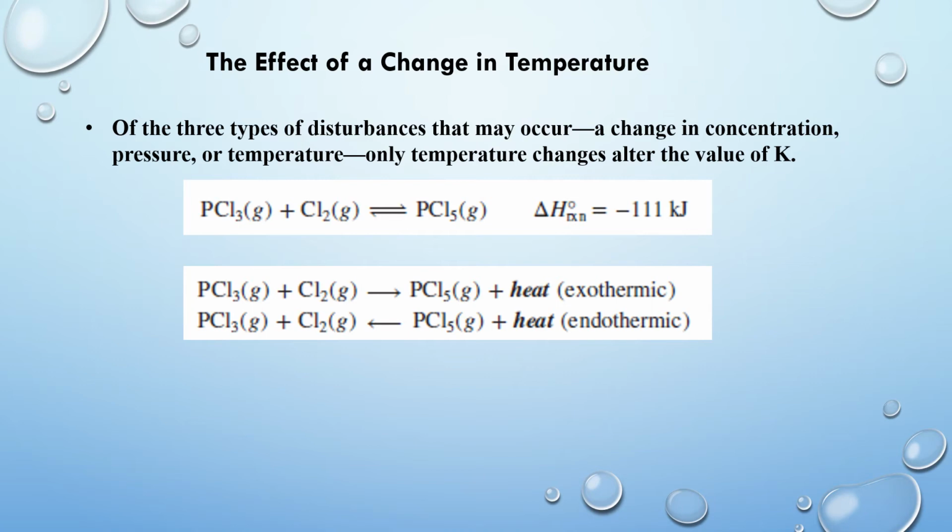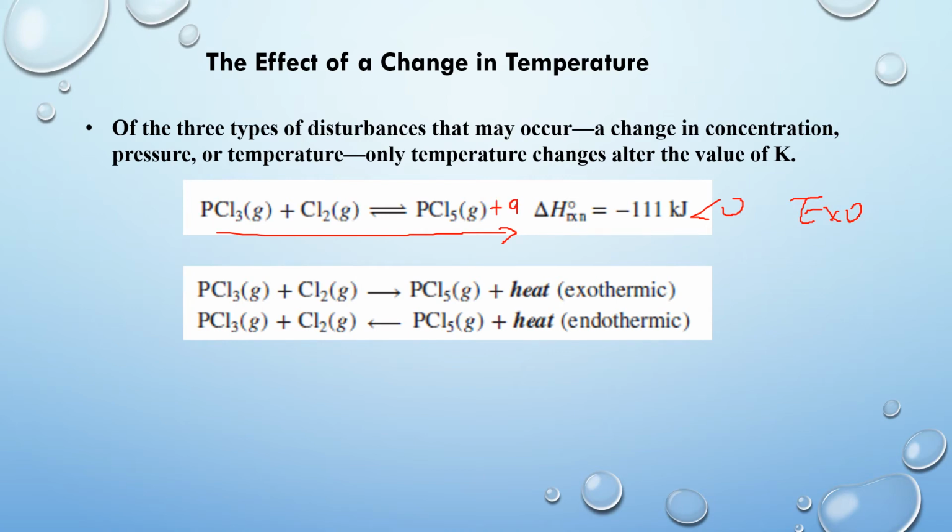For the same chemical reaction we've been looking at, the sign of delta H is negative, less than 0, so we know it is an exothermic reaction. For an exothermic reaction, if we want the reaction to proceed to the right, we will add energy on the side of the product.